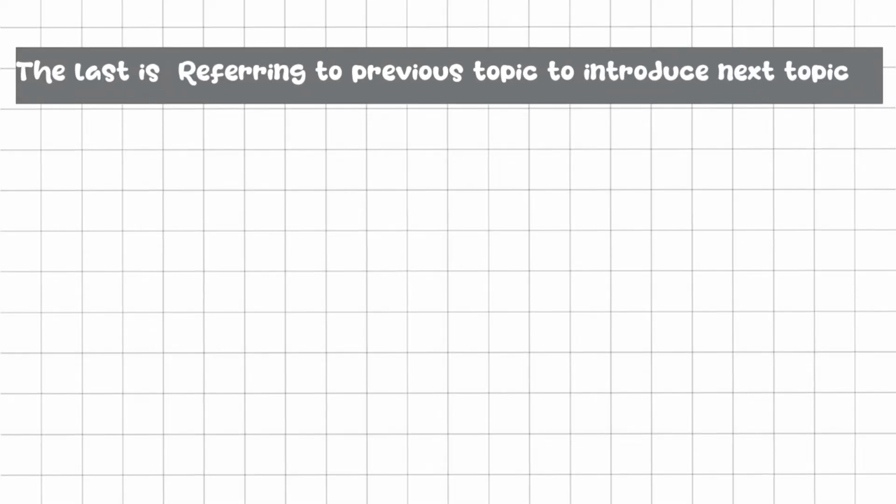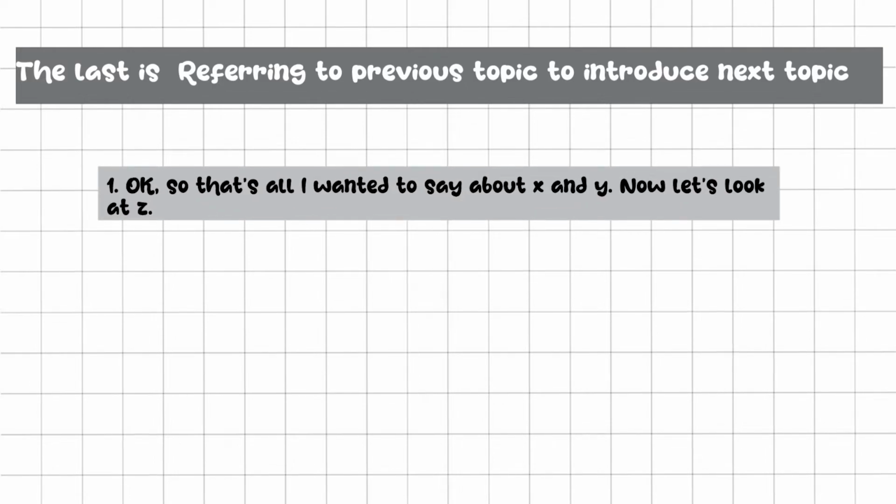And lastly, referring to the previous topic to introduce the next topic. You can use these expressions. Before we move on to Z, I'd just like to reiterate what I said about Y. 1.